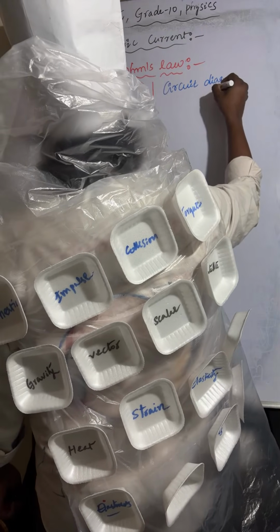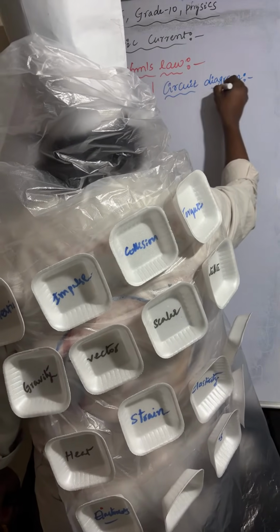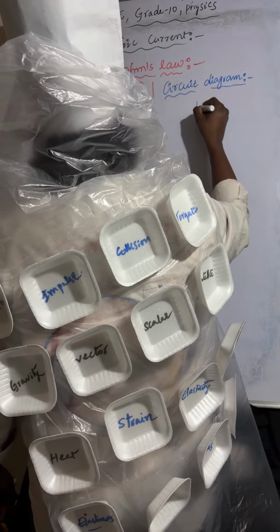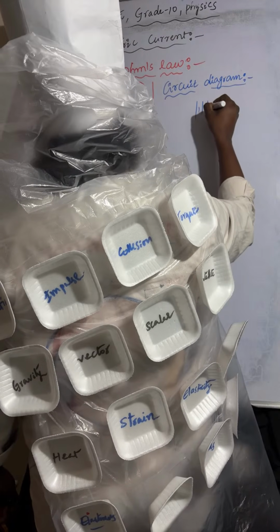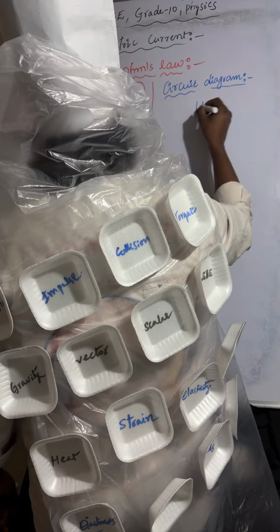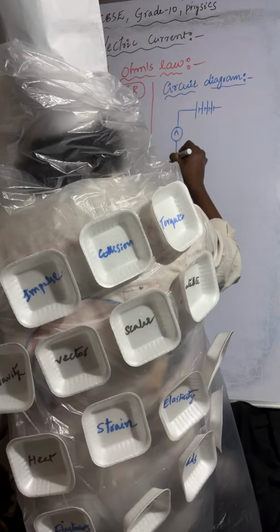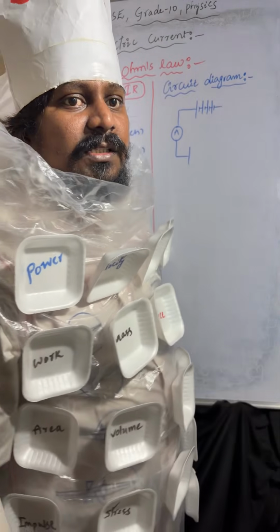You can check this circuit diagram here. We have 4 cells, 1, 2, 3, 4, then the ammeter, and a resistor I am connecting.